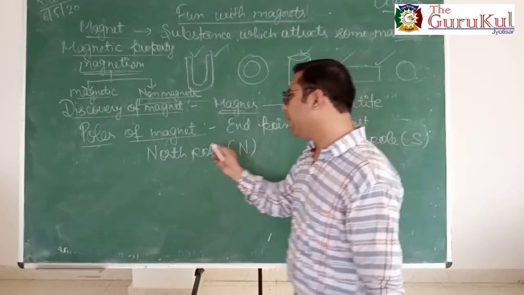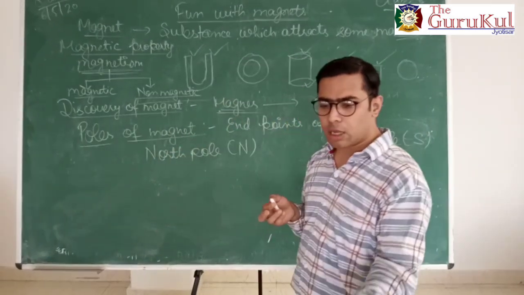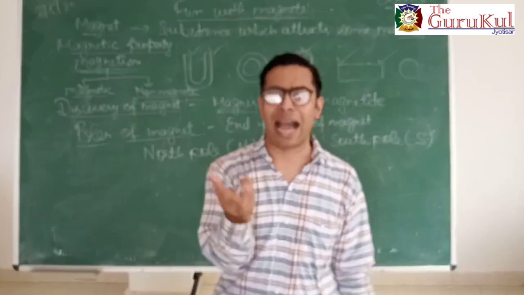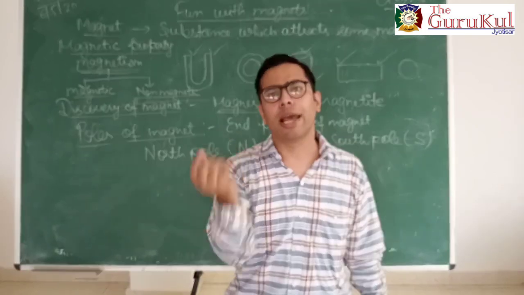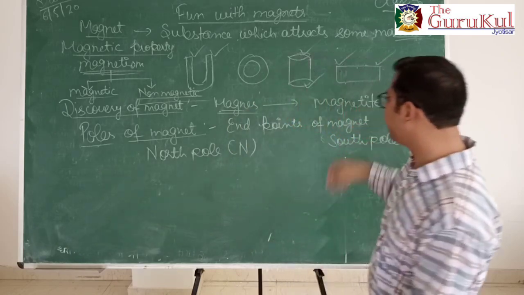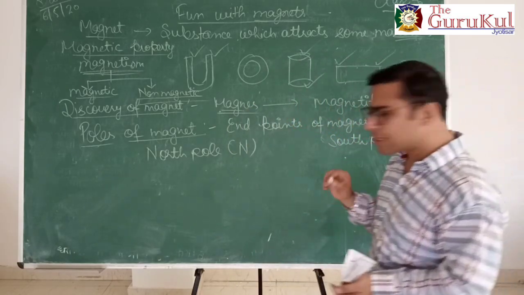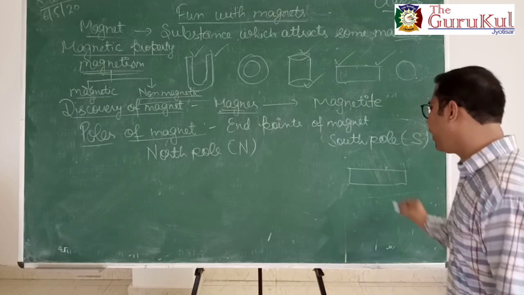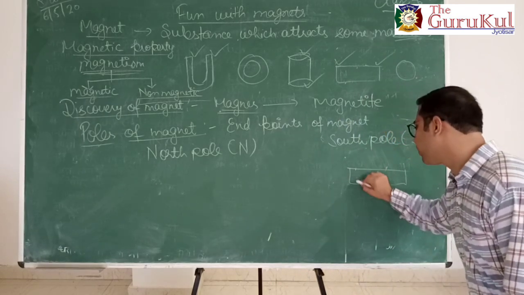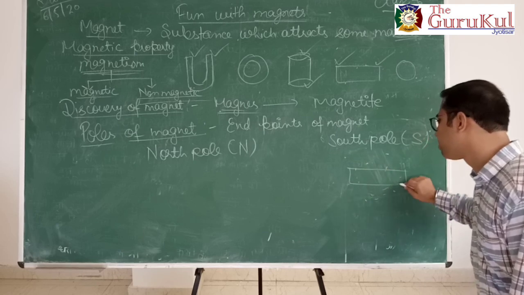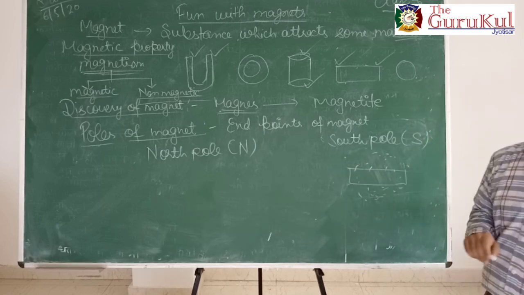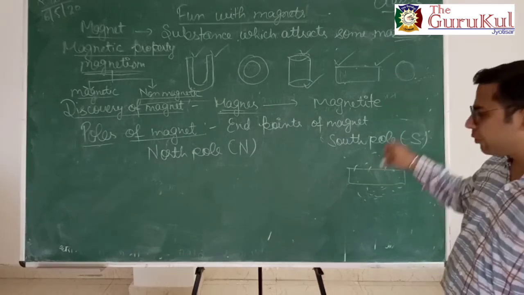Okay, now in poles of a magnet, suppose I am giving you a situation where I am providing you some iron filings or iron powder, and I am providing you a bar magnet. So this is a bar magnet and these are the iron powder, I suppose. Okay, so what happens when you try to lift the magnet?